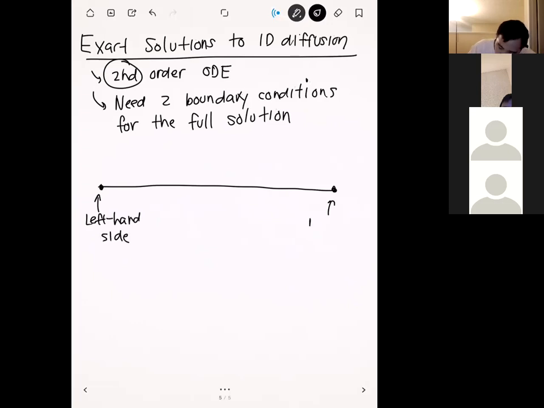And on the right, this is going to be the right-hand side. And so our solution is going to take place in between those two extremes. Right? Okay. And so when I say we need to specify boundary conditions, what that means is that we need to specify how the solution is going to behave at the two boundaries of our domain. Okay.